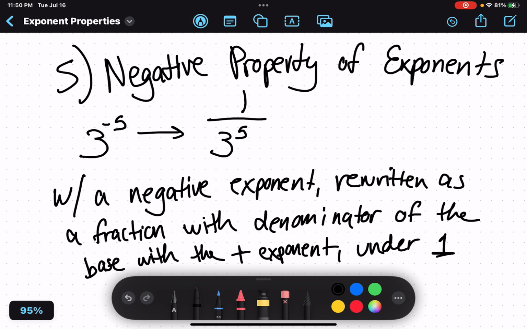Always, always, always under 1. So in this example, we did 3 to the -5 power. We could also do 11 to the power of -11. That would be rewritten as 1 over 11 to the power of 11. That's all.